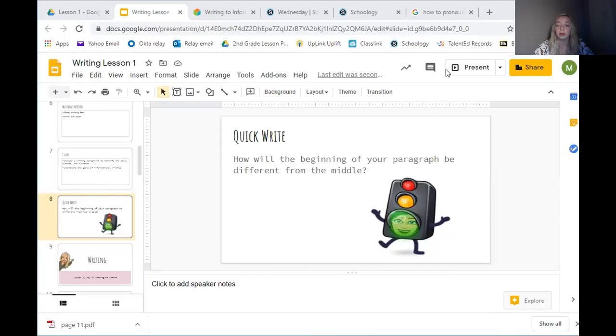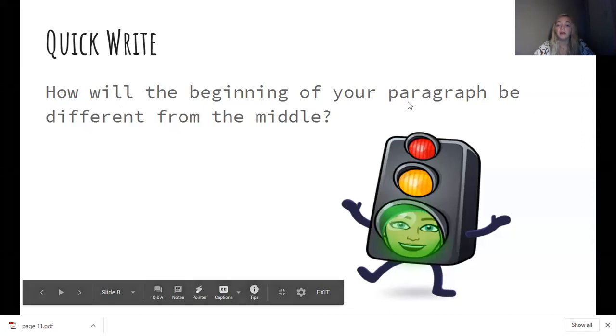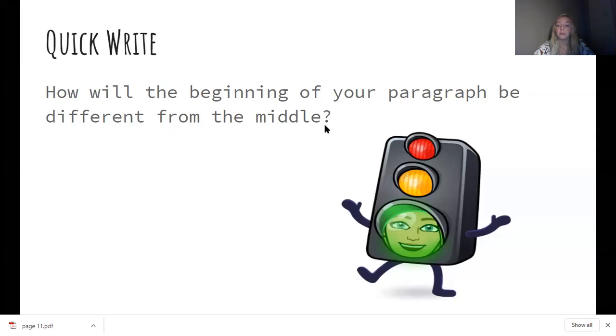Okay, we are almost done with our writing for the day. I just have one more activity for you that you are going to upload to Schoology. So I want you to answer this question for our quick write. How will the beginning of your paragraph be different from the middle?